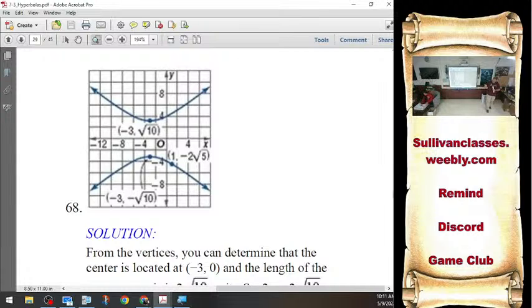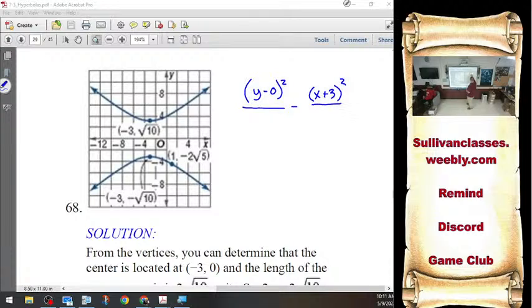You know which way it's opening, so you know which one goes first, X or Y. You can find A squared by determining where your vertices are. If you know all of that, you got y minus 0 squared, which is just y squared. You have x plus 3 squared. You know that's 10. And you don't know this?